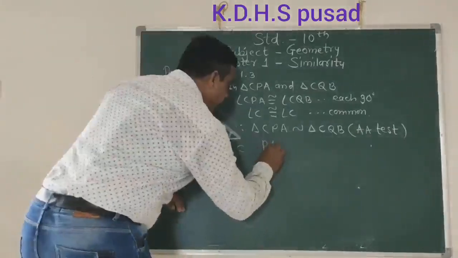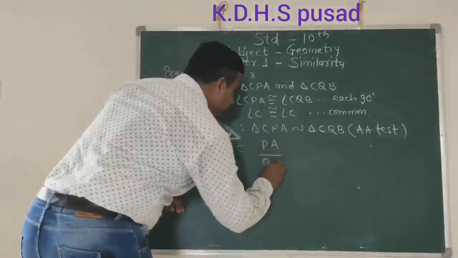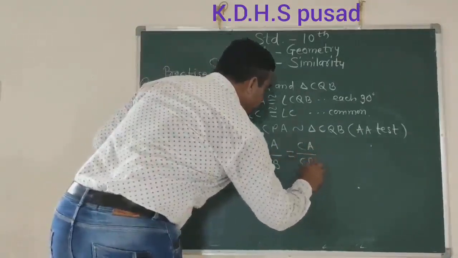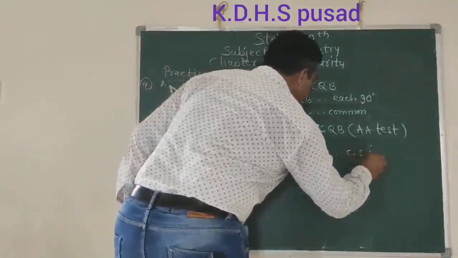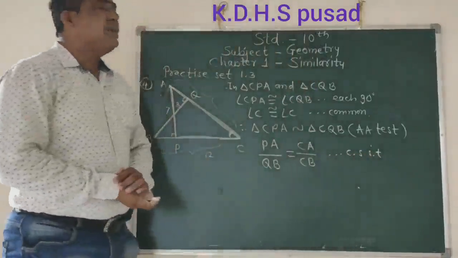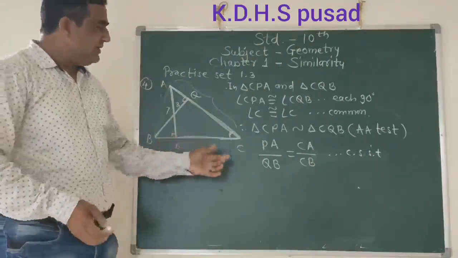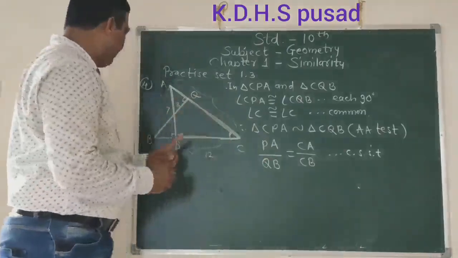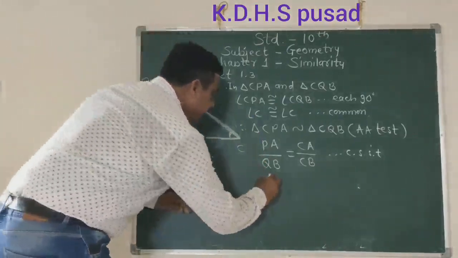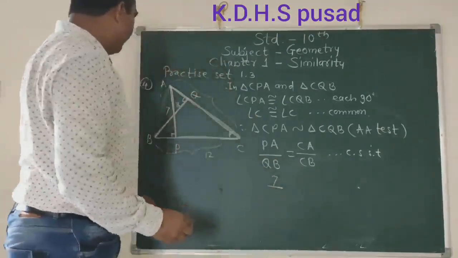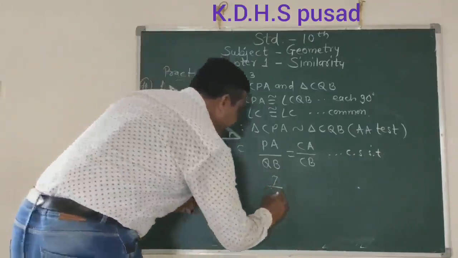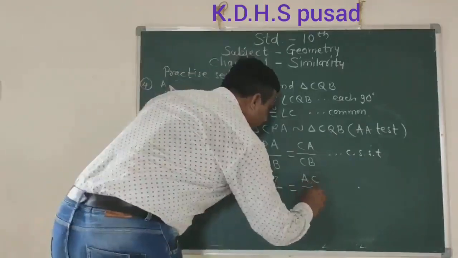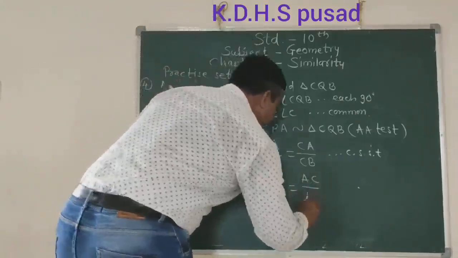So PA by QB is equal to CA by CB, corresponding sides of similar triangles. So in this way, we got the ratio. Now put down the values. Value of AP, that is 7. Value of QB, that is 8. Value of CA, that is AC, that we want to find out. And value of BC, that is 12.